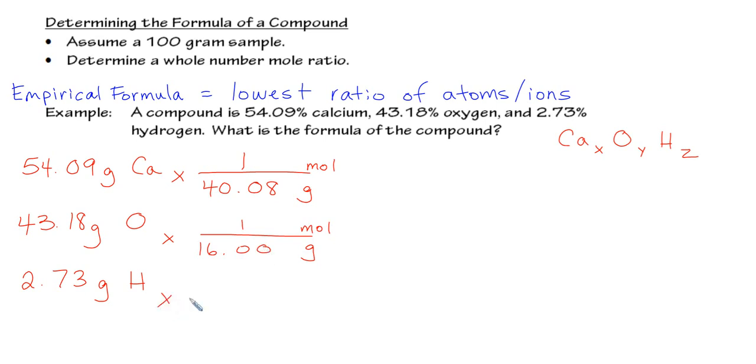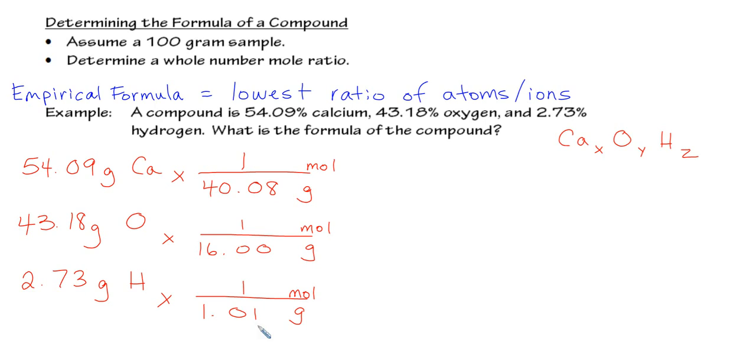And then hydrogen. Cancel grams. Put it into moles. 1 mole on most periodic tables is approximately like 1.01 grams. Some periodic tables will say like 1.008. So use whatever's on your periodic table, at least 2 decimal spots.